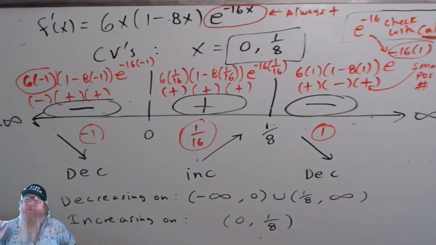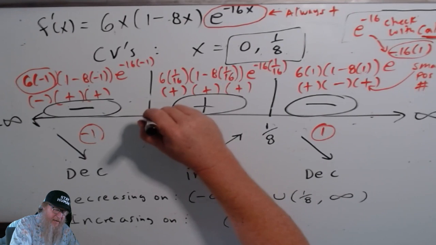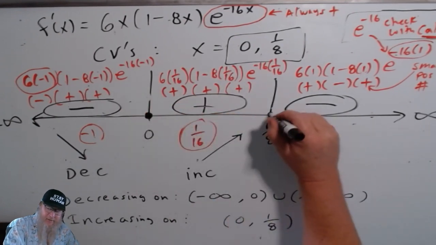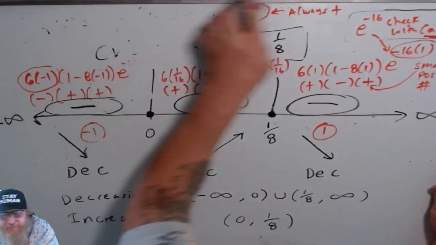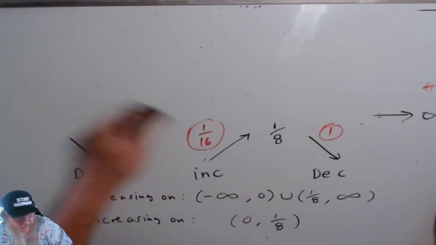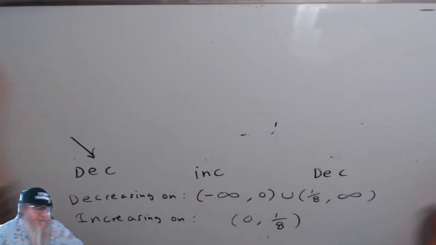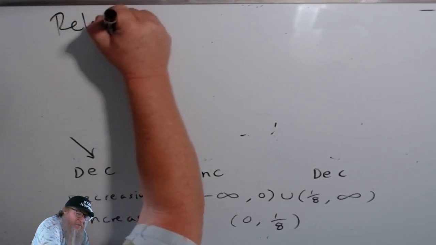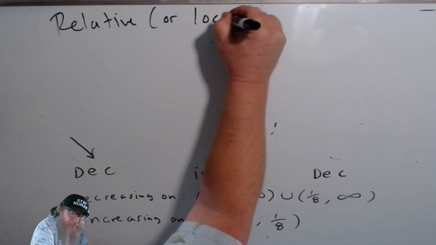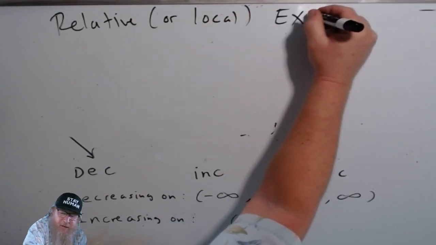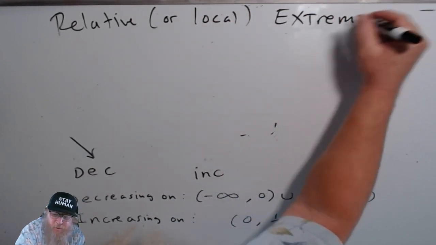So the next thing we're going to talk about is what happens when it changes from increasing to decreasing. These are called relative or local extremes or extrema.